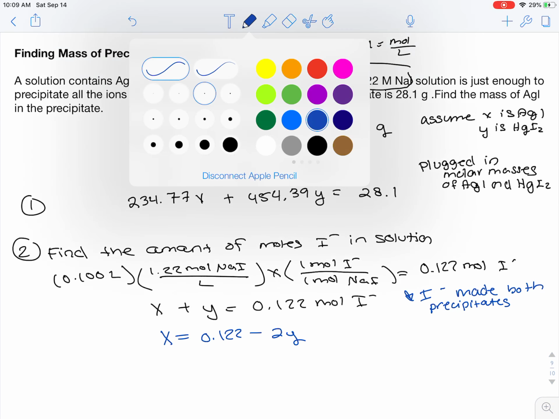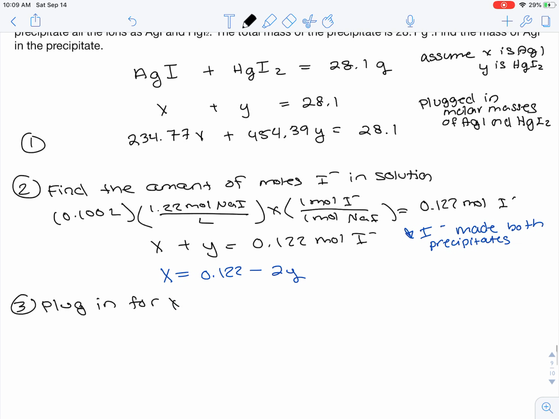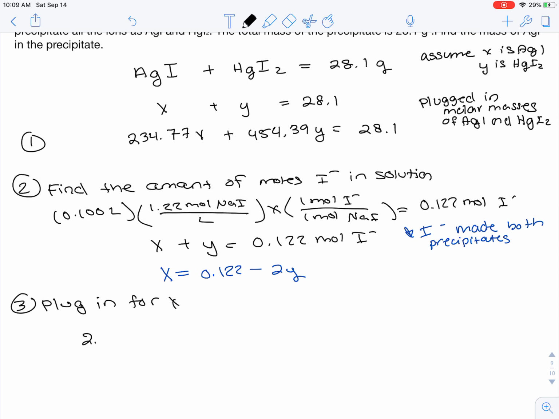And then go back to your original equation, plug in for X, which will look like this. 234.77 times 0.122 minus Y plus 454.39y is equal to 28.1.